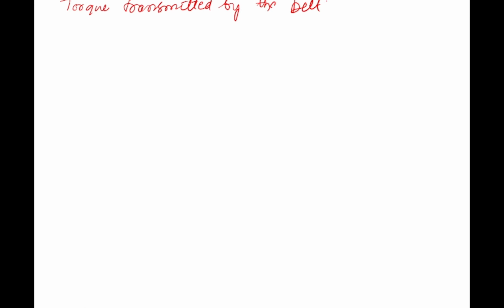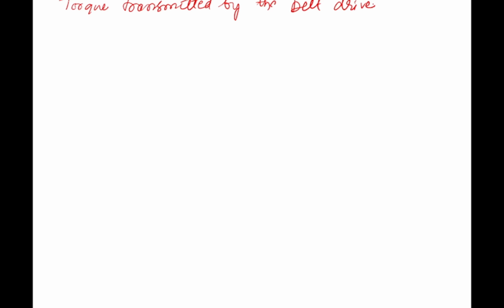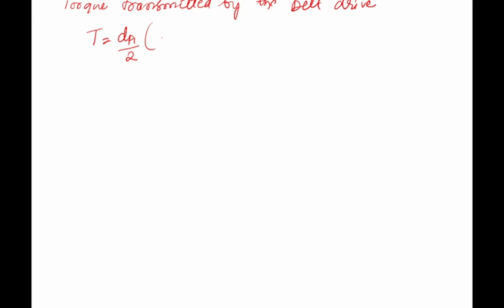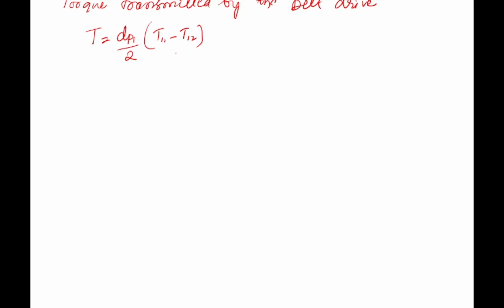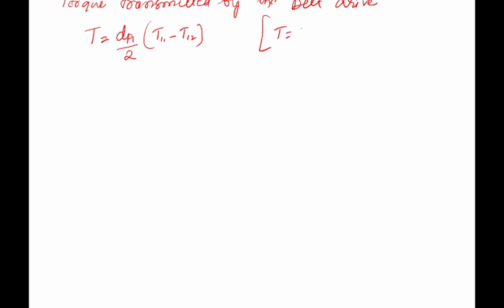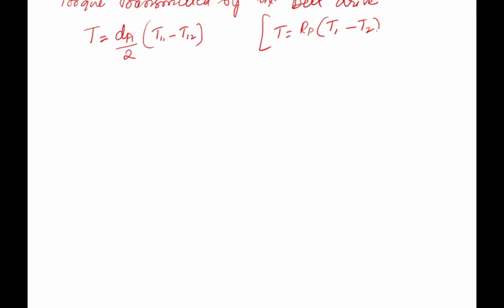Now, the torque transmitted by the belt drive. I am going to say it as T. So here it is dP1 divided by 2 in bracket T11 minus T12. It is a standard formula: torque transmitted by the belt drive equals the radius of pulley times the tight side tension minus the slack side tension.